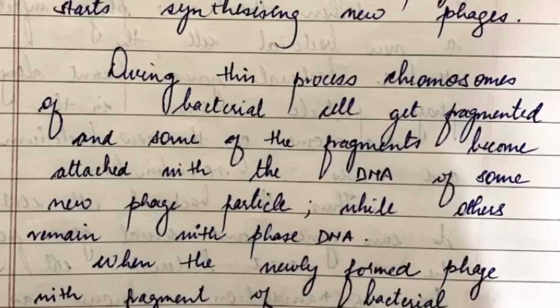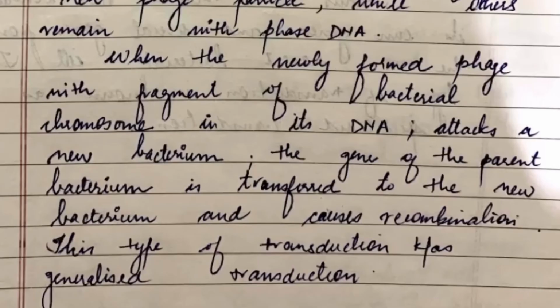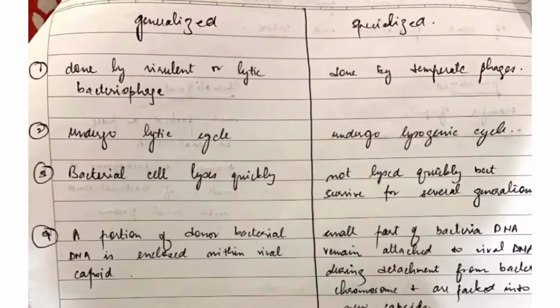During generalized transduction, the chromosome of the bacterial cell gets fragmented and some of the fragments become attached with the DNA of some new phage particles. And then when the newly formed phage with a fragment of bacterial chromosome in its DNA attacks a new bacterium, the gene of the parent bacterium is transferred to the new bacterium. And this type of process is called generalized transduction.